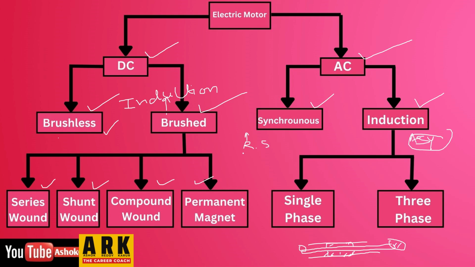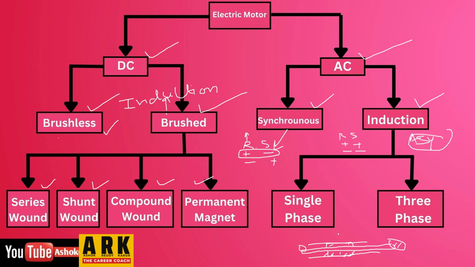In the asynchronous, if the rotor is in positive condition, the stator will be negative. If it is negative, then positive. That's why both will not be in sync, and that is why it is called asynchronous. But in the induction, both rotor and stator, if one is positive, the other is also positive. If it is negative, then the other is also negative.